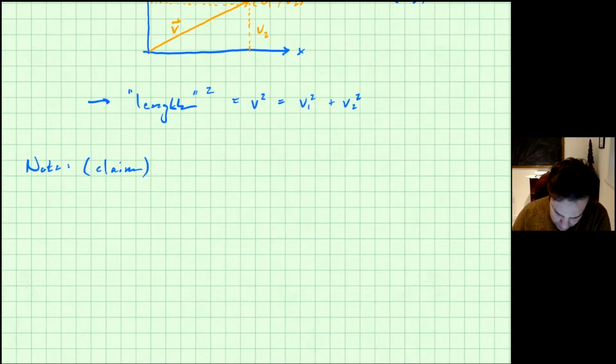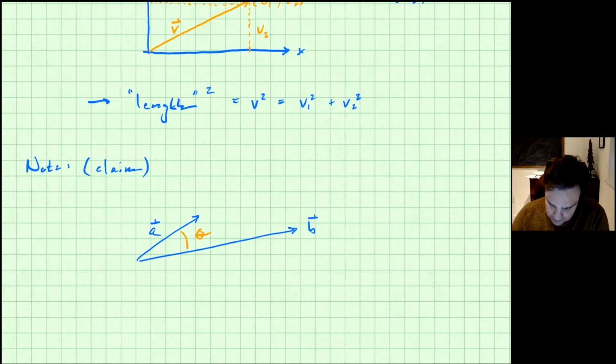Let's say you draw the two vectors a and b, and they can be in a higher dimensional space if you want. So let's say this is the vector a, and this is the vector b. Then if you make an angle between the two, we'll name it theta. Here theta is the smallest angle between a and b.